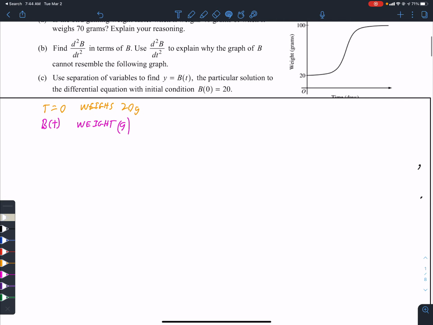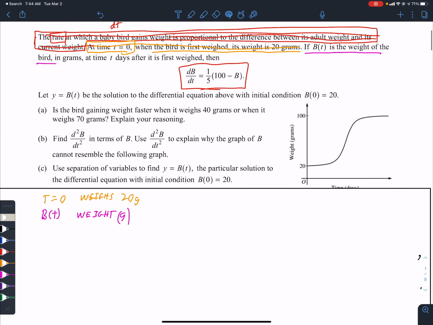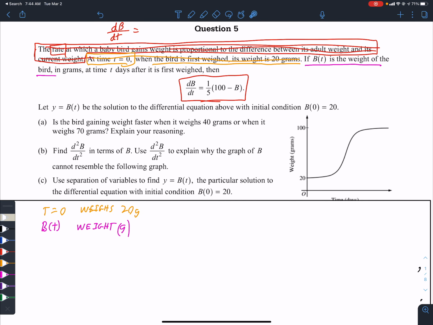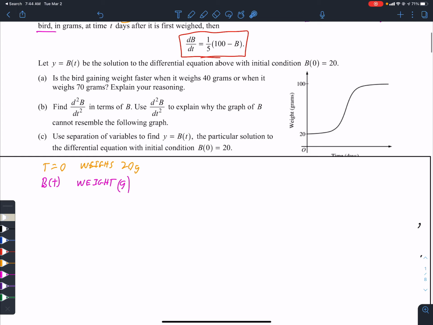Okay, so part C. They were nice to you. The previous year, they did not say use separation of variables. They won't always say that. Sometimes it just says find the particular solution. That's all it will say. So you have to recognize separation of variables.